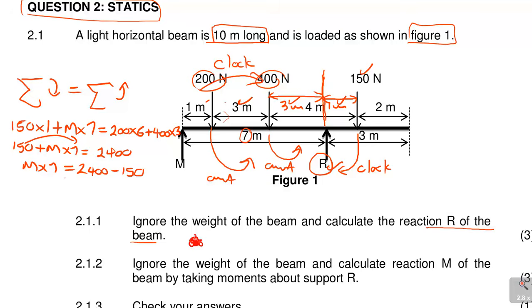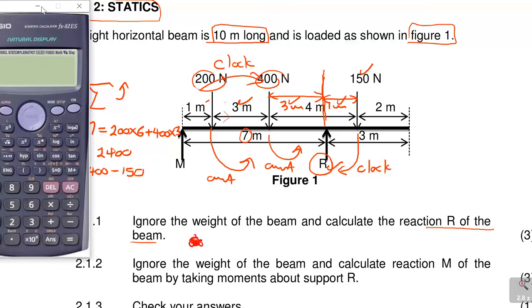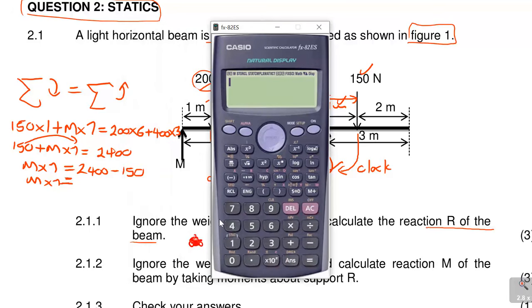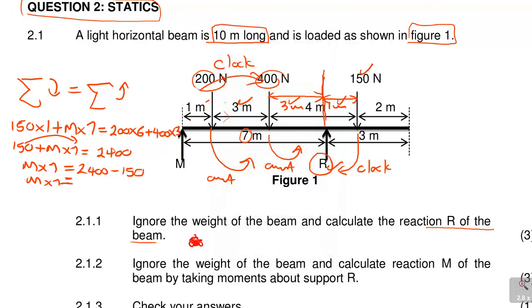Remember, it's jumping the equal sign. So m times 7 is equal to 2400 minus 150, which is 2250. So what you need to do, divide by 7 so that you get your m. So what is m?